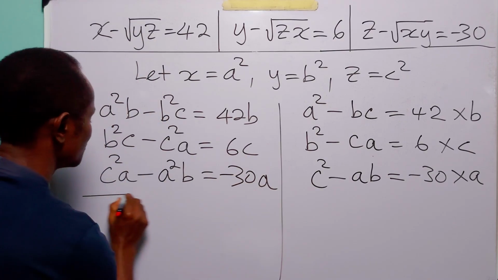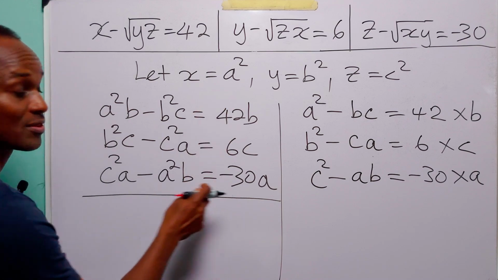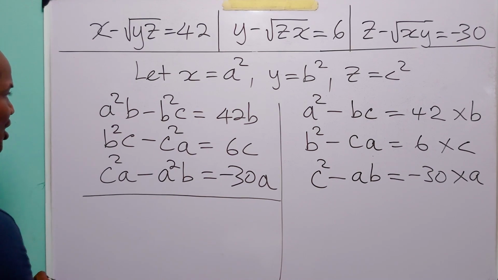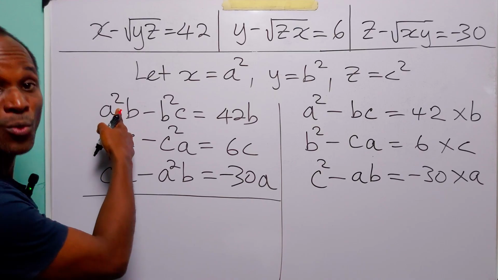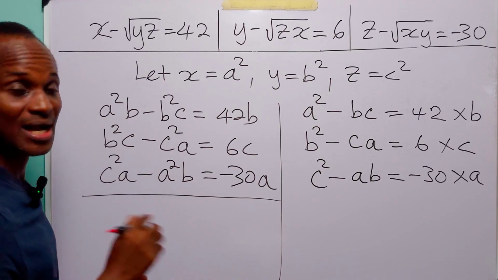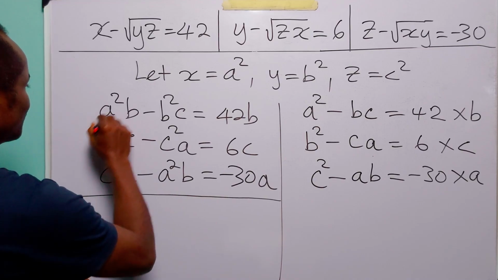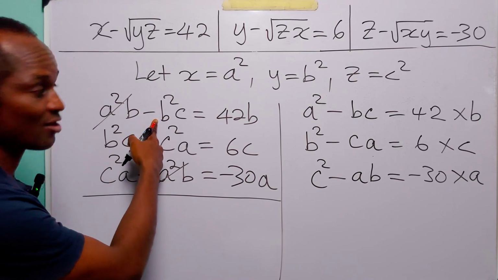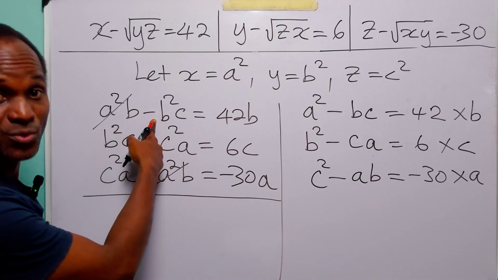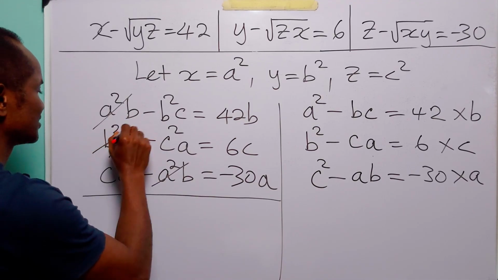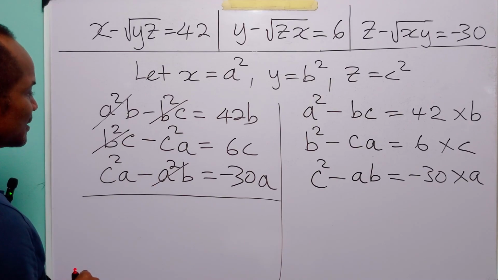Now, what we are going to do is to add all three equations. Now, on the left-hand side, you can see that we have a squared b and minus a squared b, so they are going to cancel themselves. We have minus b squared c and plus b squared c. So these two are going to cancel themselves.